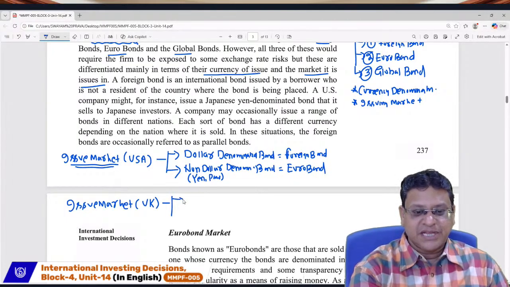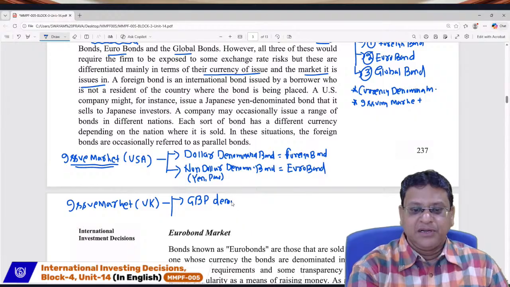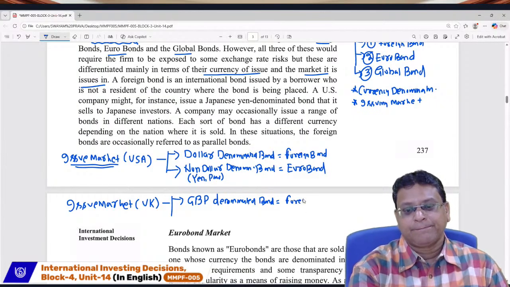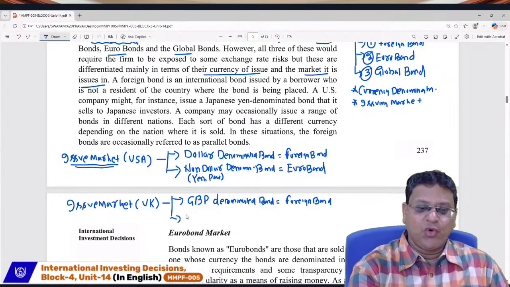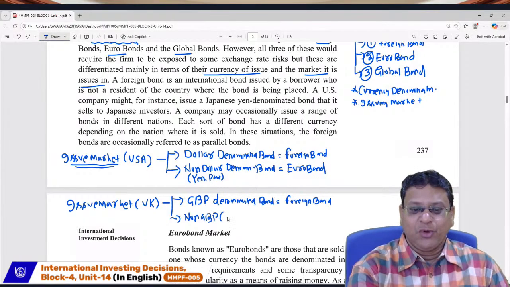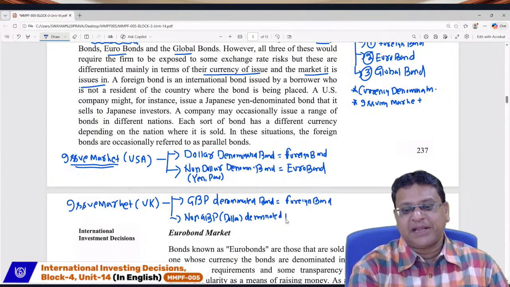Currency of UK is, let's take an example, Great Britain pound, GBP. A GBP denominated bond will be treated as foreign bond. And a non-GBP bond, suppose a dollar denominated bond is issued in UK market, that is known as Eurobond.